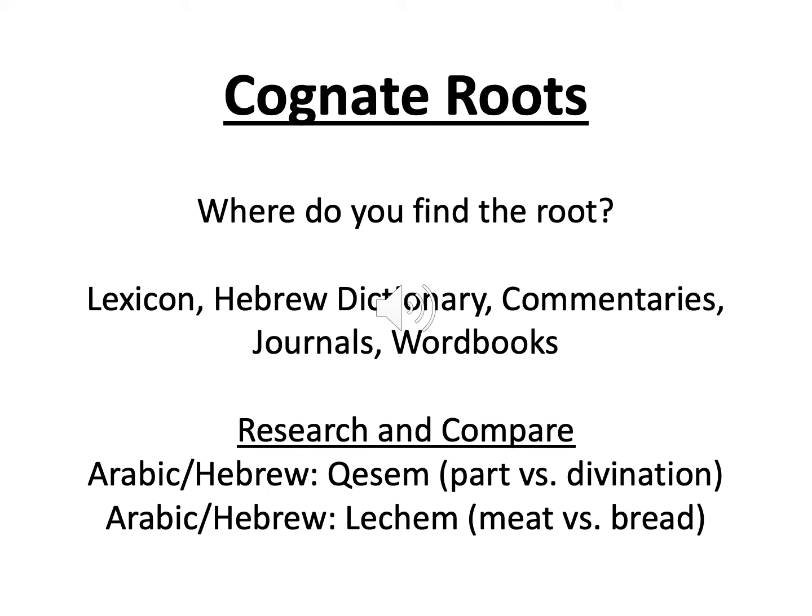And so we need to be careful as we're examining these words to make sure, once again, that we're examining our research critically, making sure that it's helpful and not actually leading us down a false path towards false cognates. Just because the words sound the same or appear to have the same roots doesn't mean they're actually connected. But where they are connected and where we've confirmed it with lexicons and dictionaries and journals, we're able to use that information to better understand our particular word within the Hebrew text.